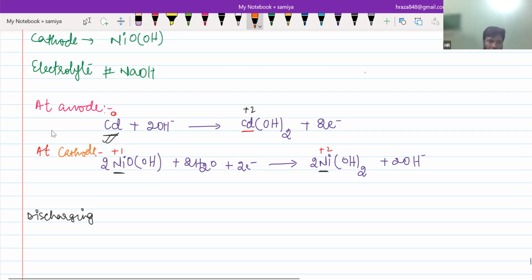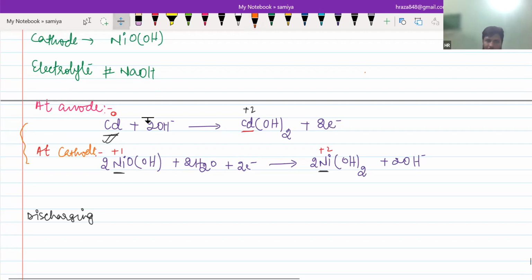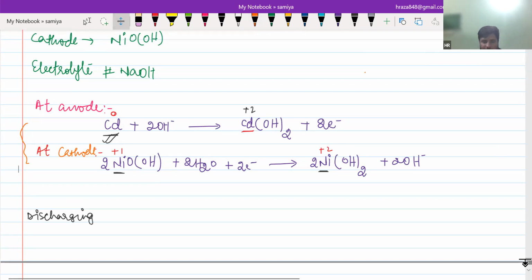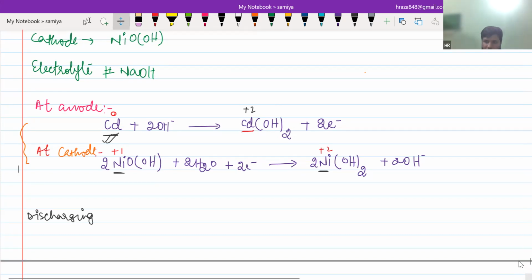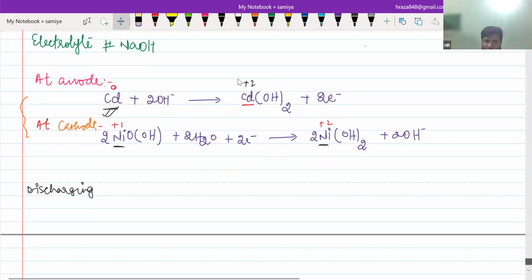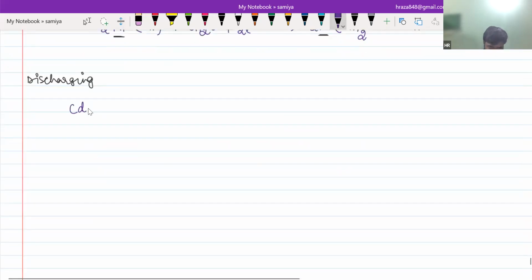So you are going to add these equations and you will get the final net cell reaction. The net cell reaction is basically charging, and the reverse of that reaction will be discharging.